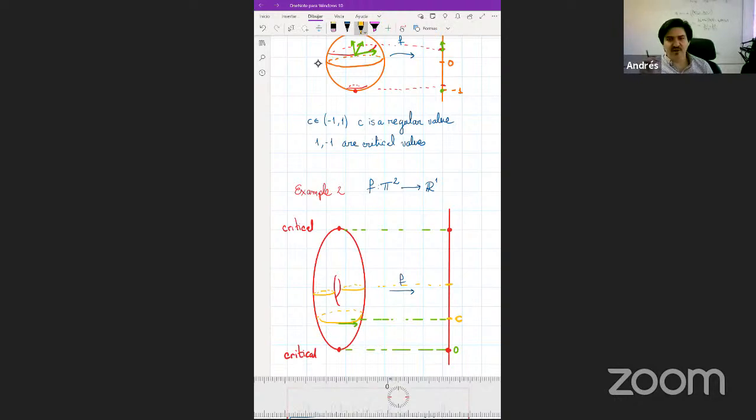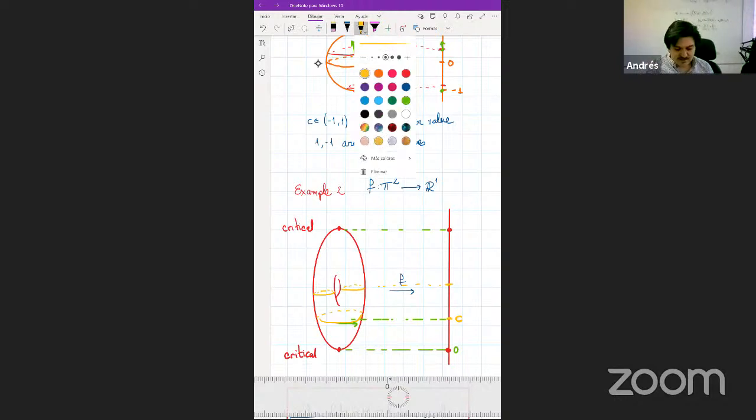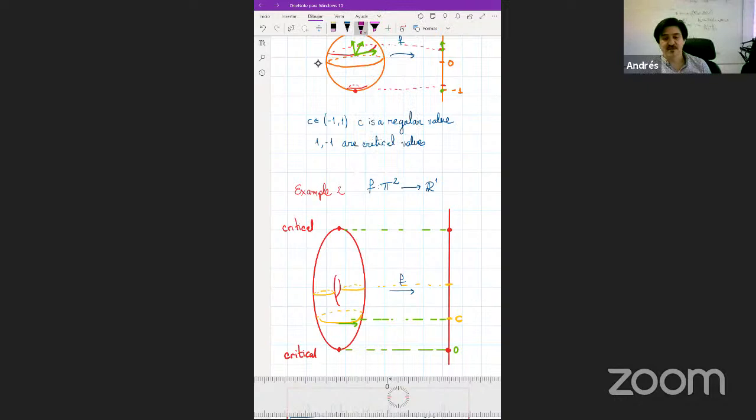And the same argument as before will show you that we have a regular value. What else? What else can you get? Only that, or is there something more special that we are missing?